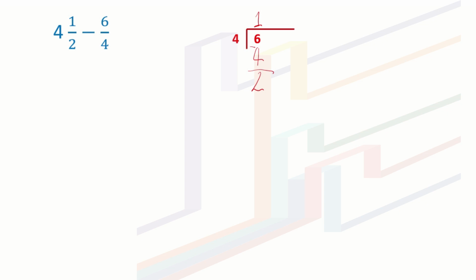So we already have it. The quotient is the whole number. The remainder is the numerator. And the denominator is always the same. So we have 1 unit and 2 quarters.